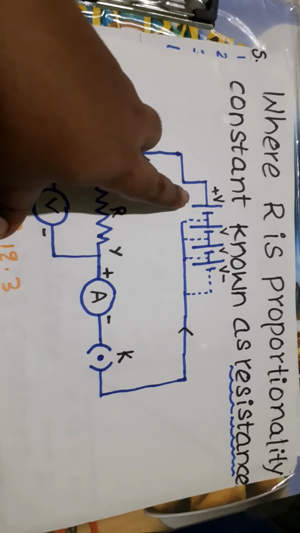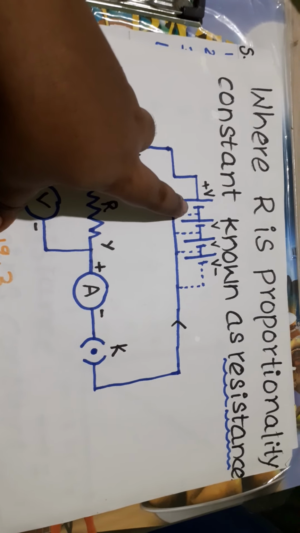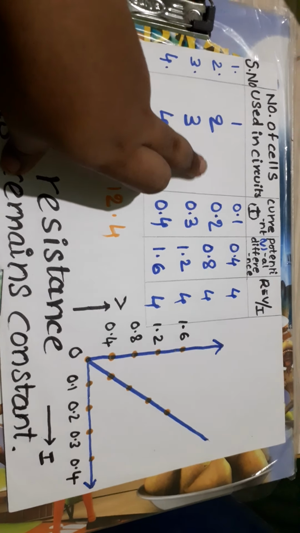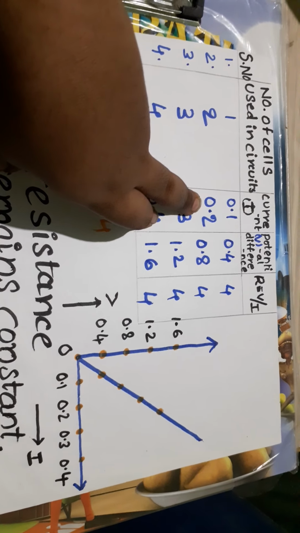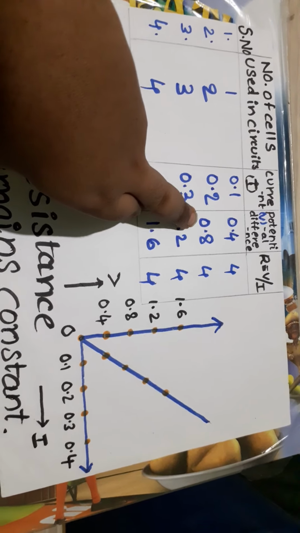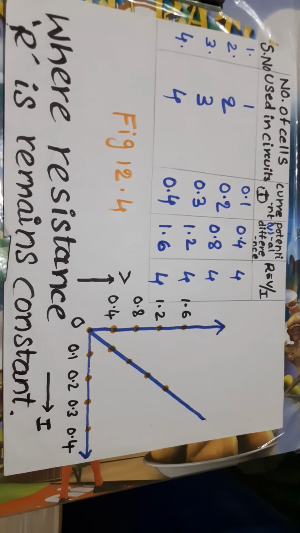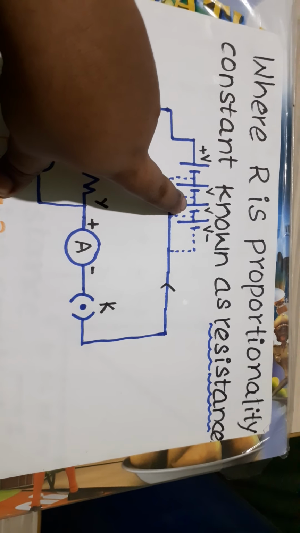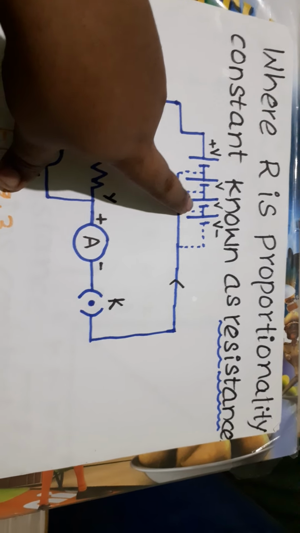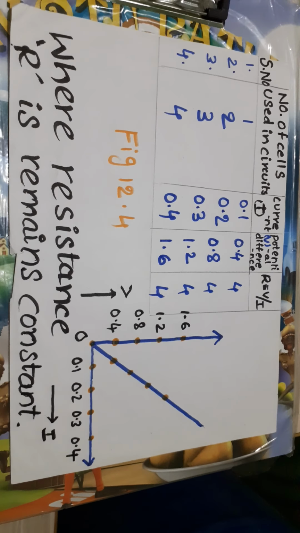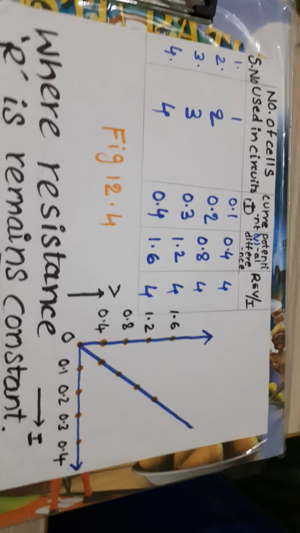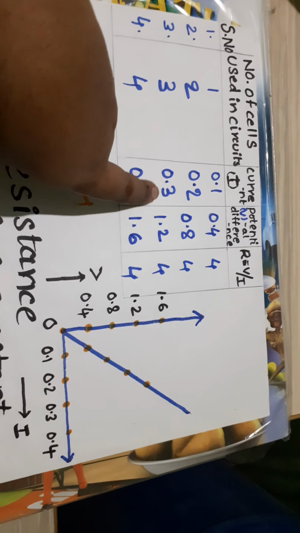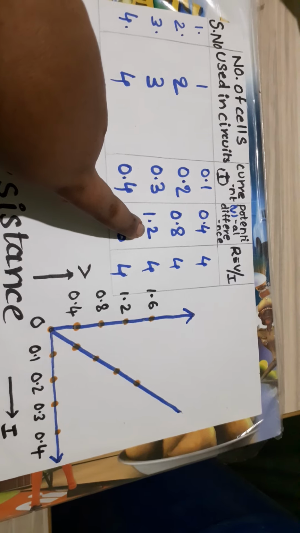When I connected two cells, the current is 0.2 ampere and the potential difference is 0.8 volts. Next I connected 3 cells. Current is 0.3 and potential difference is 1.2.